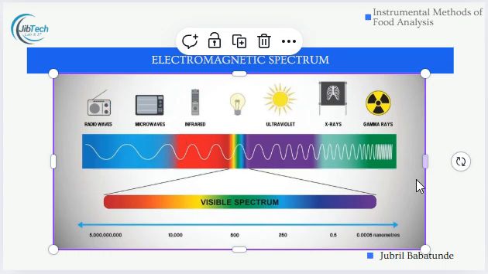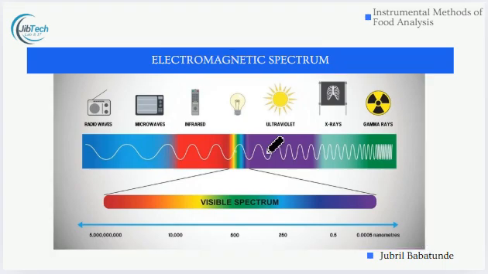So now, take a look at these waves. All right, I'm sure you're seeing these waves. Take a good look at them, and I'm sure you should be able to relate it with the explanation I gave earlier. So look at the gamma ray. It tells you that gamma ray has higher energy, right?